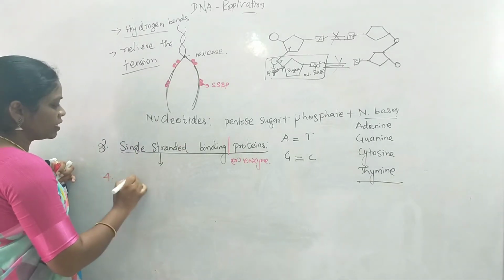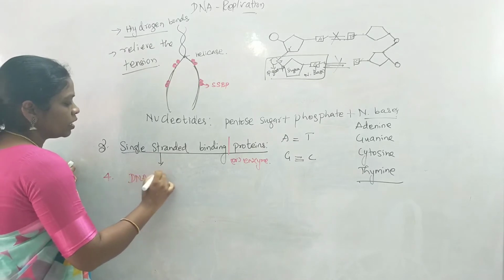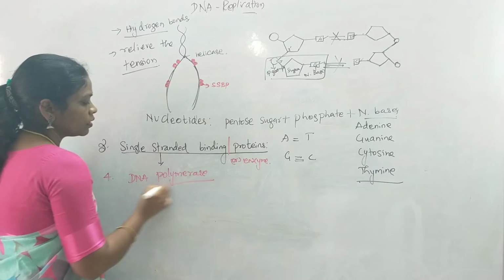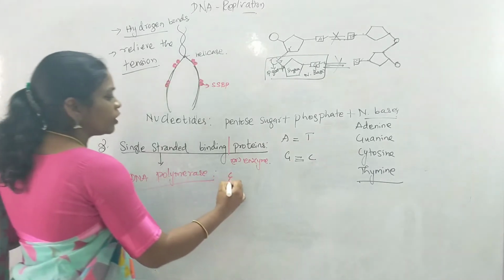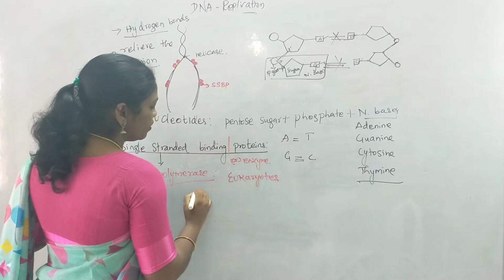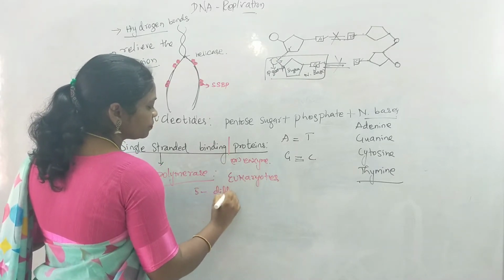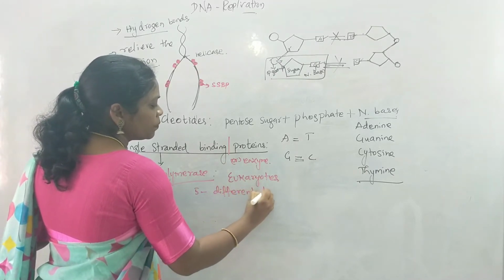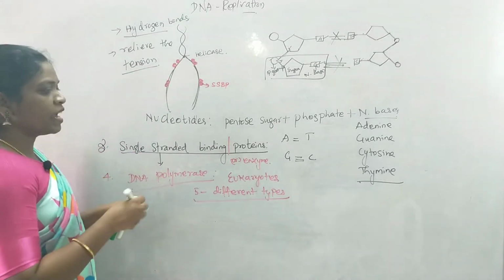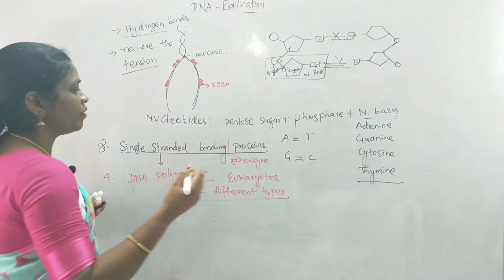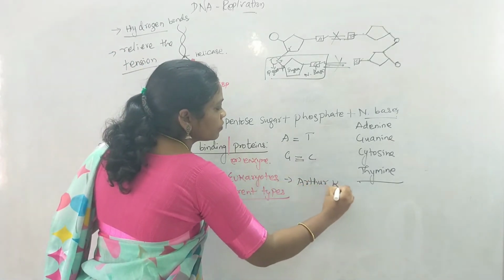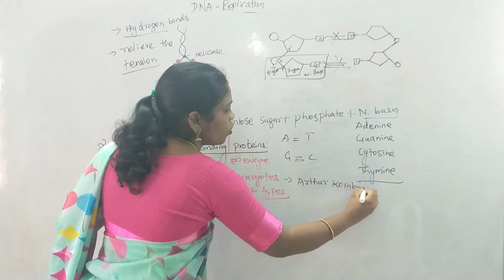The important enzyme you are going to learn about is DNA polymerase. In eukaryotes, you can find 5 different types of DNA polymerases. DNA polymerase was identified by Arthur Kornberg.